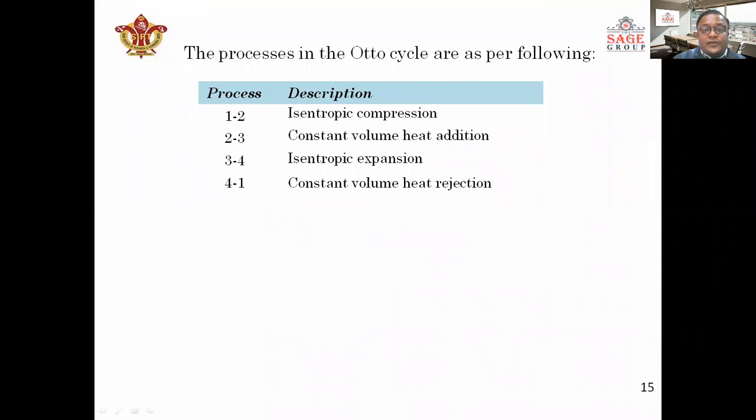These are the processes of the Otto cycle already discussed in the previous diagram. 1 to 2 is called isentropic compression, where the pressure and temperature both increase and the volume decreases. In constant volume heat addition the volume remains constant but the pressure and the temperature increase. In isentropic expansion, after the sparking and combustion process, the temperature and the pressure reduce but the volume increases. In constant volume heat rejection the volume remains constant, and pressure and temperature both decrease.